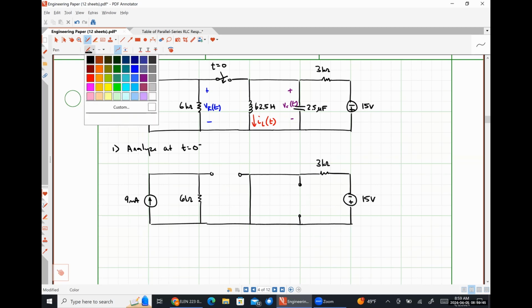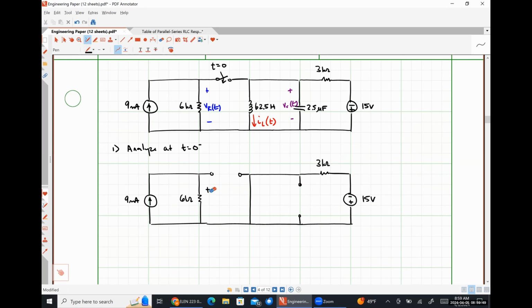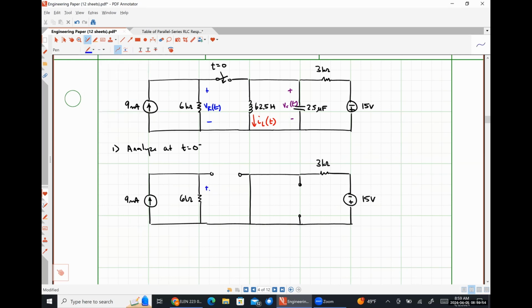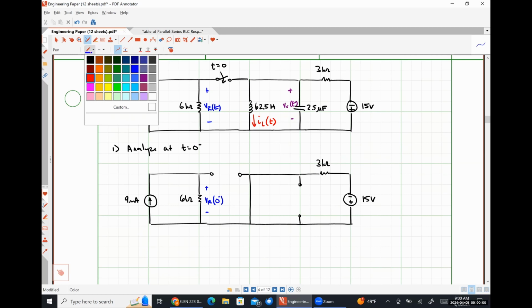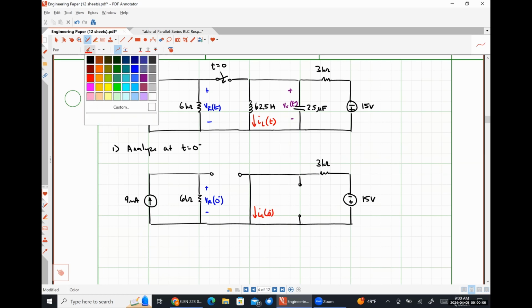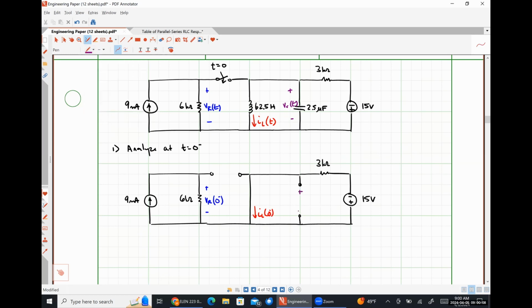Let me just define some things that we're going to need to keep track of. So here's VR of 0 minus, IL of 0 minus, and VC of 0 minus.